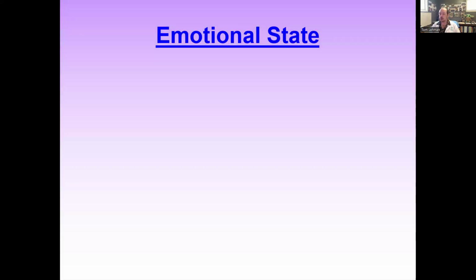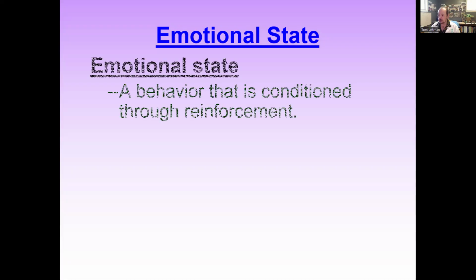A couple of terms that we're going to use extensively through this chapter that you want to be very familiar with. First of all is emotional state. Emotional state is the behavior that a person has, a mental behavior that is conditioned from constant use, constant reinforcement until it's automatic or innate.